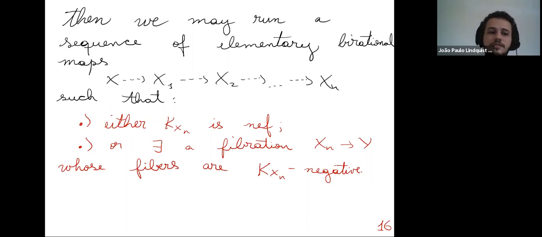The fibers are Fano varieties. So this tells us that to classify varieties birationally, we can restrict our study to varieties with nef canonical bundle or to Fano varieties.